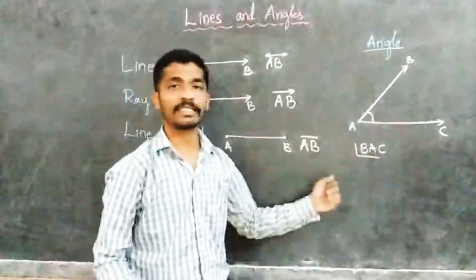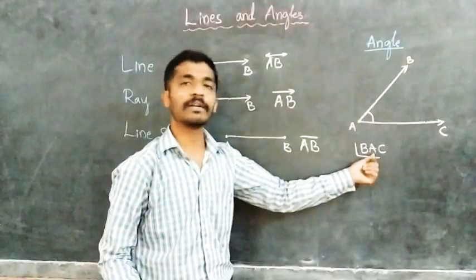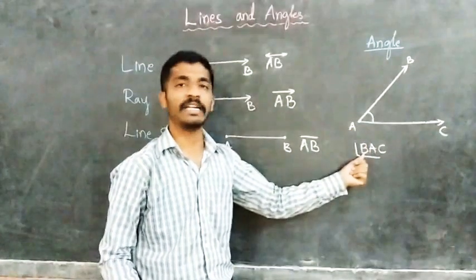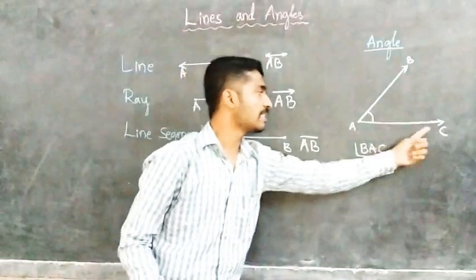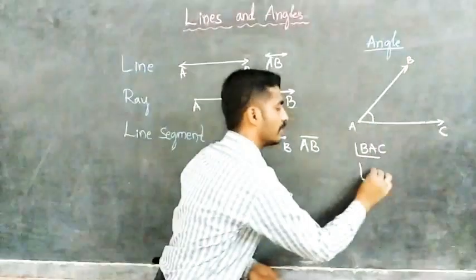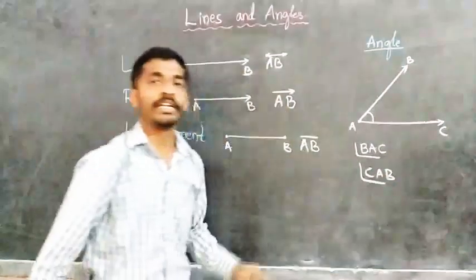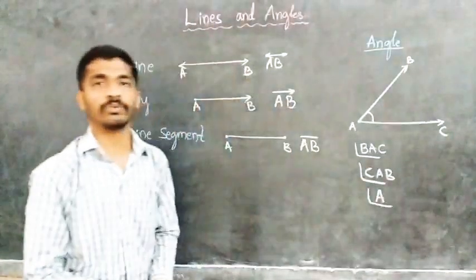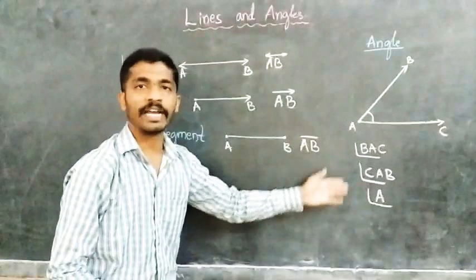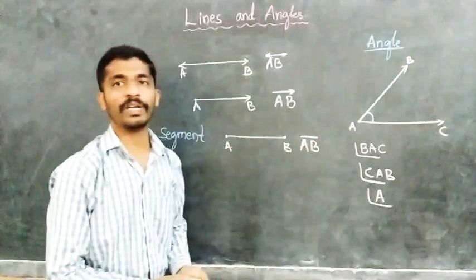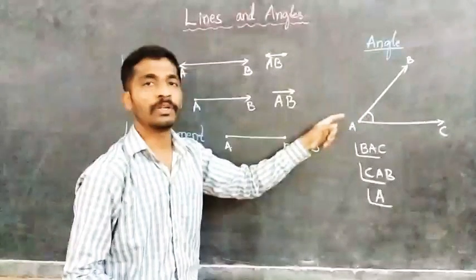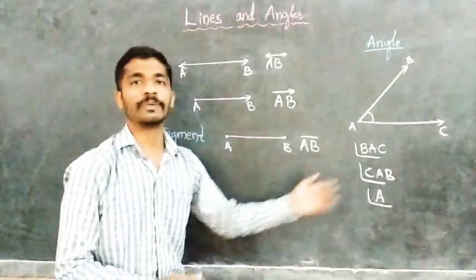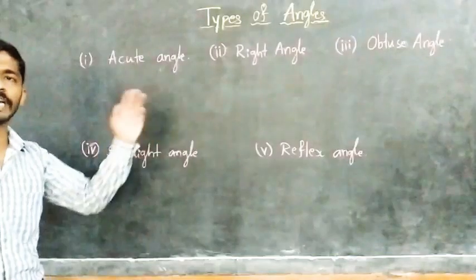Whenever we take the middle point as our angle indication, you can write it as BAC or else CAB. Both are the same. If there is no combination of other angles, you can just write it as angle A also. In three ways you can denote the angle, made up of two rays AB and AC having the common point A. This is our angle.